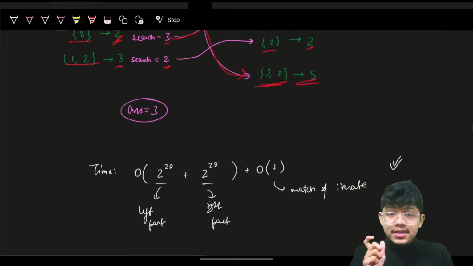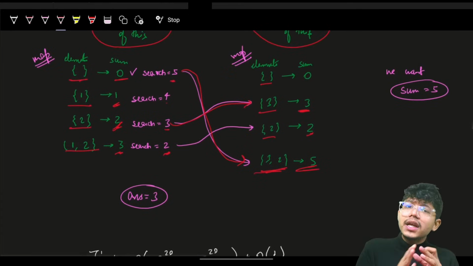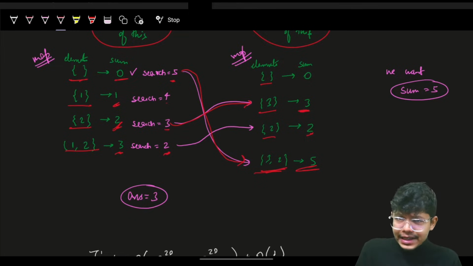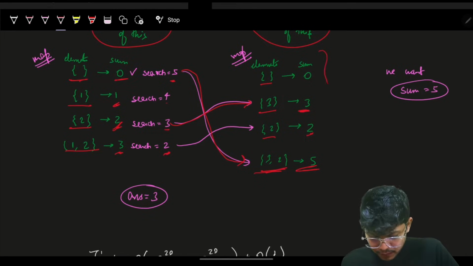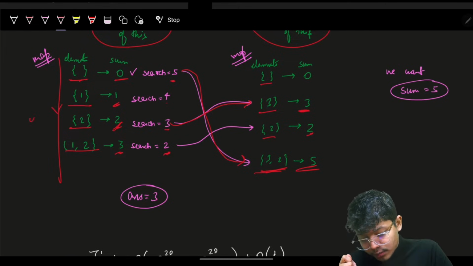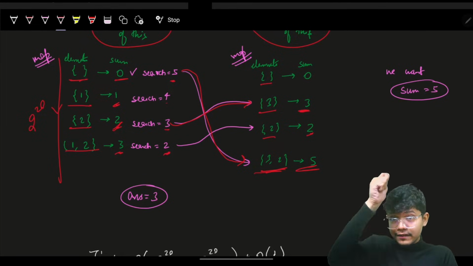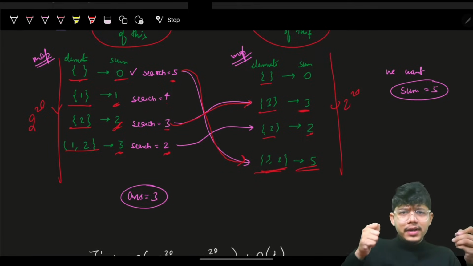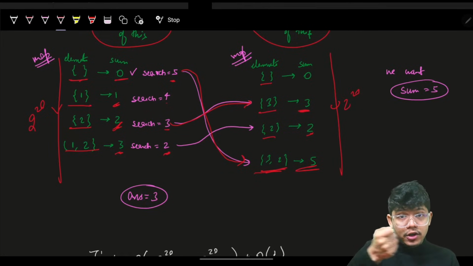And that's how, by simply using an unordered map, you can keep track of the sums which I can achieve from the right portion. And thus you saw I will only have to iterate on my 2 raised to power 20 elements individually on the right part to make these maps and their corresponding sums.